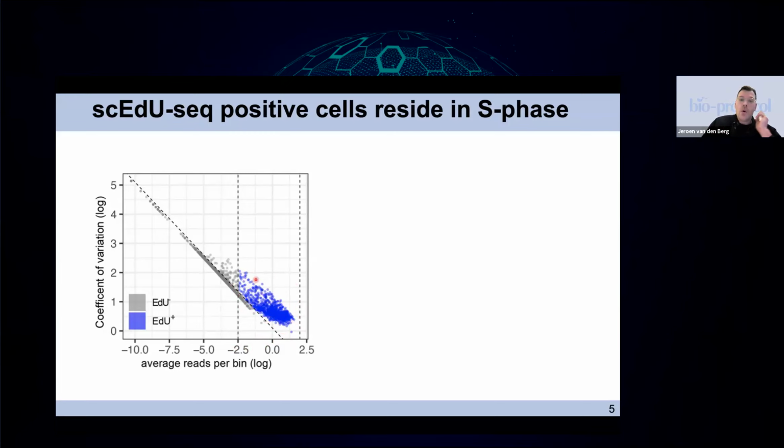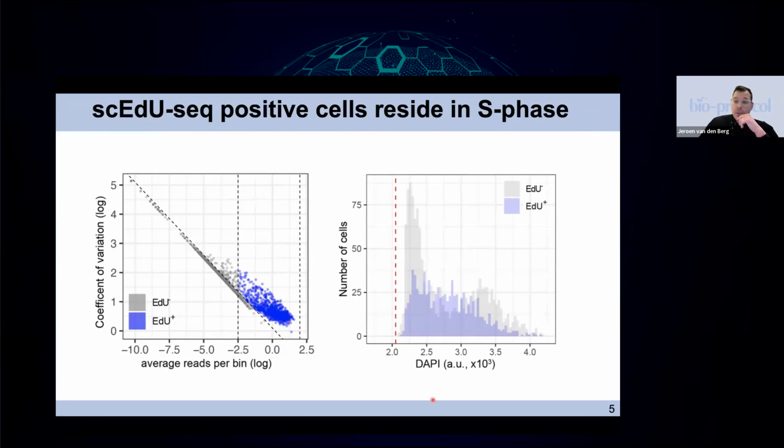If we then look at where these cells, because we sort these cells and we get information from the flow cytometer, we can now ask, where specifically do these EDU-seq positive cells fall in a DNA content plot. And that would be something like this.